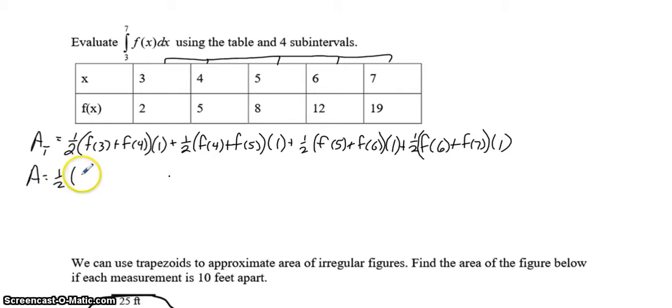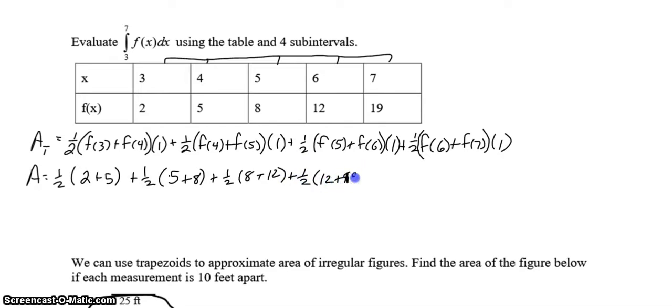So now I can go in, f of 3 is 2, f of 4 is 5, I'm going to ignore the times 1, 5 plus 8 times 1, 8 and 12, times 1, 12 and 19 times 1.